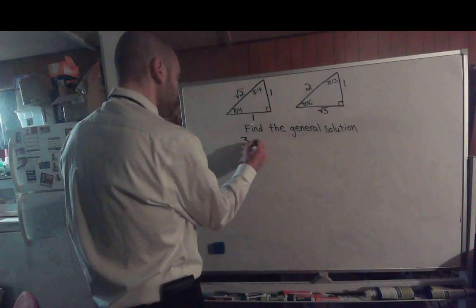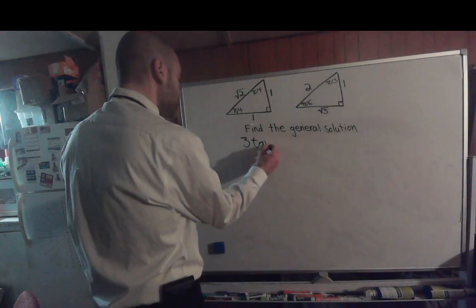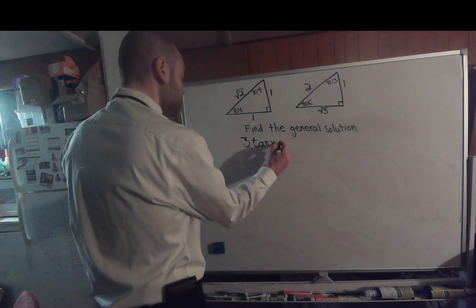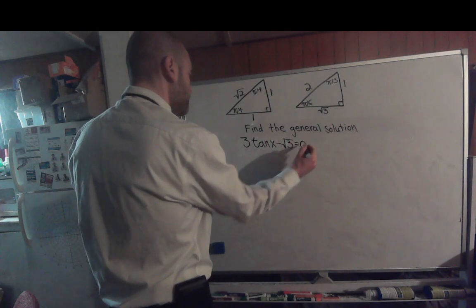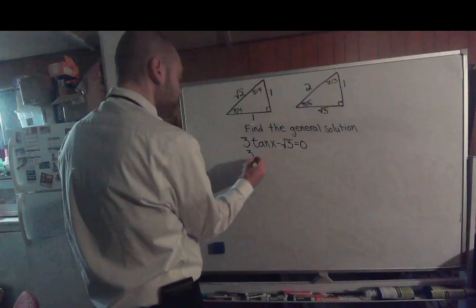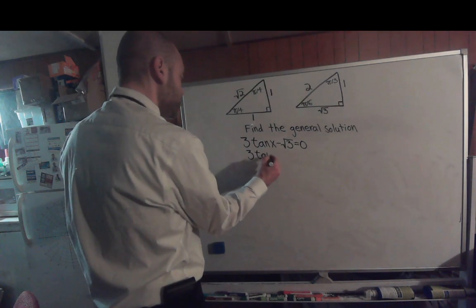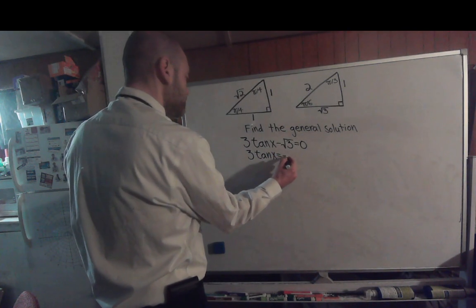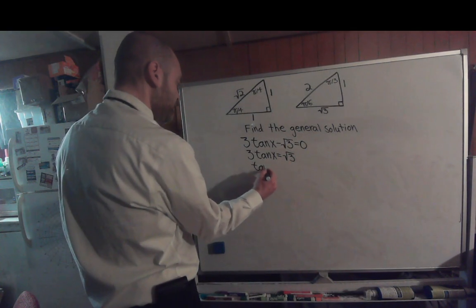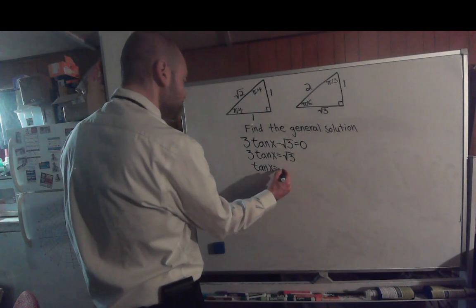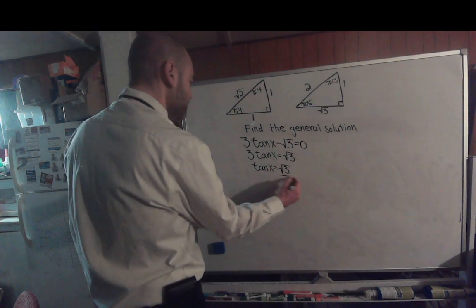Alright, 3 times the tangent of x minus the square root of 3 equals 0. So this would give you 3 times the tangent of x equals the square root of 3, which means the tangent of x equals the square root of 3 over 3.